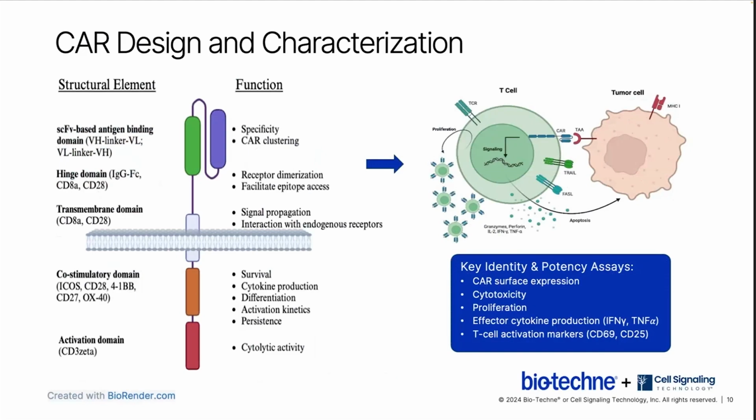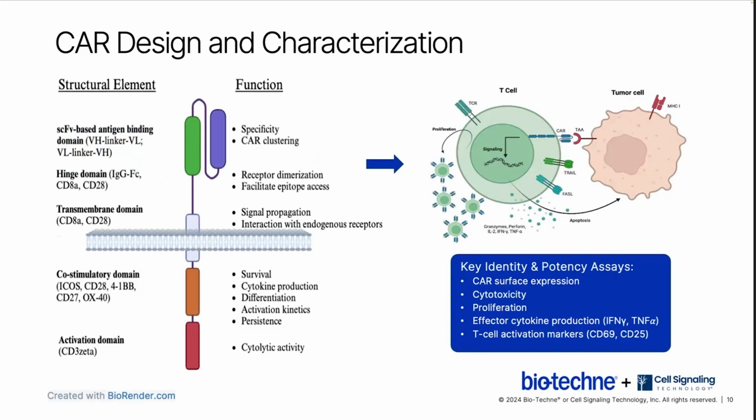If you look at the prototypical structure of a CAR, the extracellular domain is largely composed of the hinge region and the scFv, both of which are critical components in regulating CAR stability on the cell surface and the ability to effectively bind its target antigen. The intracellular domain, in addition to the 3 ITAMs of CD3 zeta, which I just described, help to drive T-cell cytolytic functions. The intracellular domain can also consist of one or more co-stimulatory domains, the identity of which can have dramatic effects on T-cell metabolism, persistence, proliferation, and differentiation.